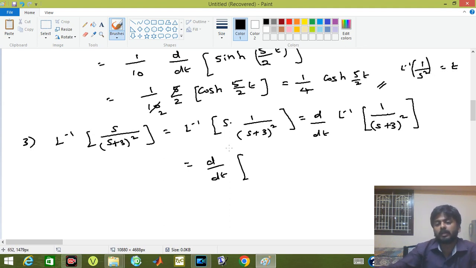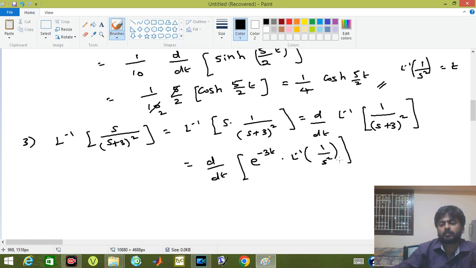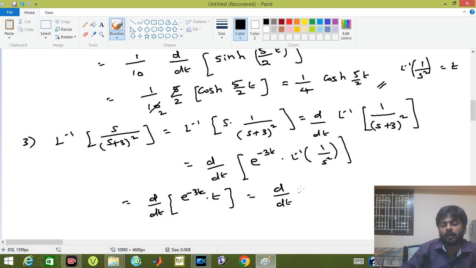So it can be written as, e power s plus 3 means it is e power of minus 3t into L inverse of 1 by s square. Okay, so this is equal to d by dt of e power of minus 3t into t. So we can write it as d by dt of t into e power of minus 3t.